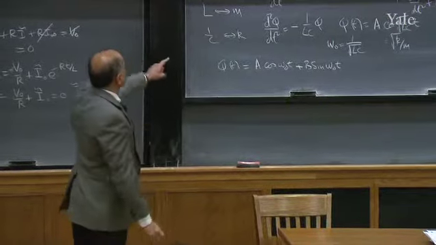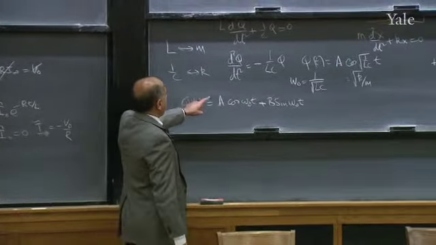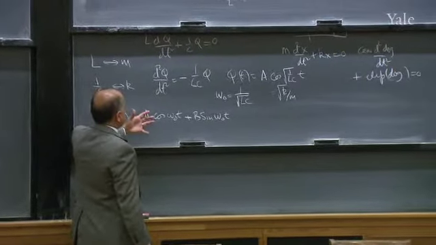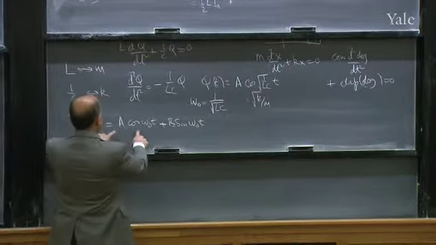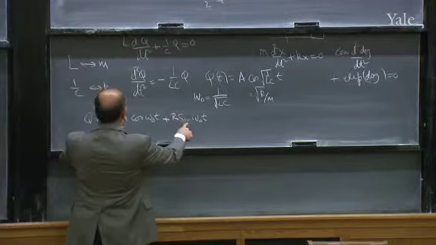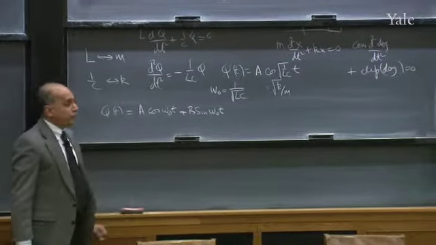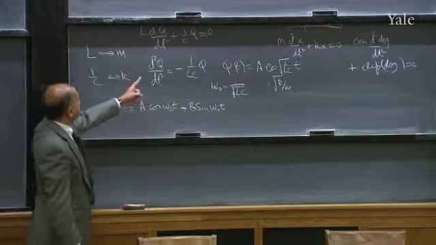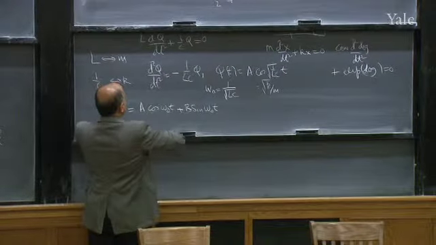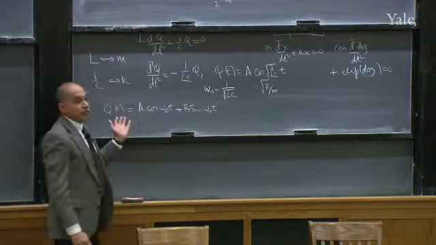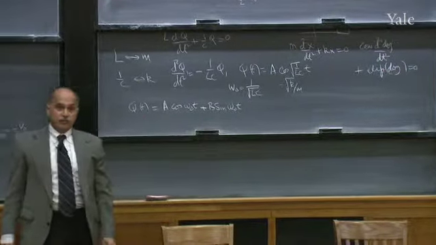The property of this differential equation is that if I have one answer, cos omega t, and another possible answer, sine omega t, then any constant times cos plus any constant times sine is also a solution. You can verify that. If you have one solution, q1, and a second solution, q2, you can add the two equations, and you can show q1 plus q2 obeys the same equation.